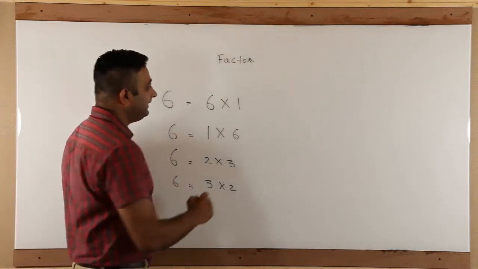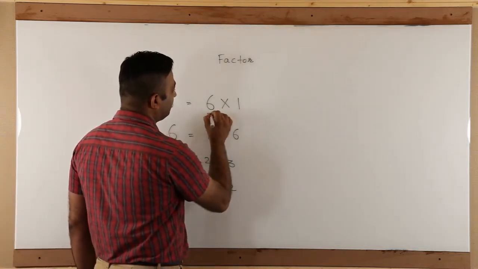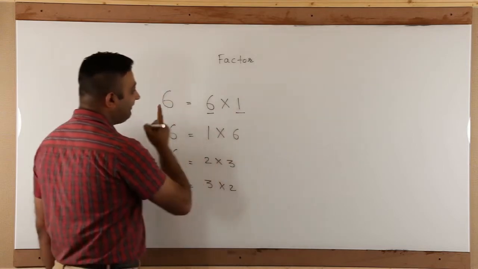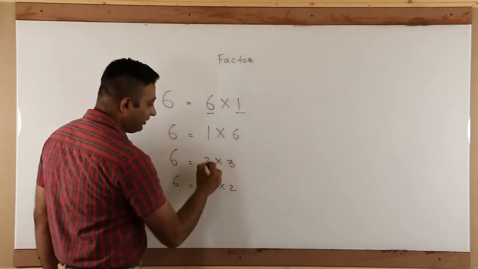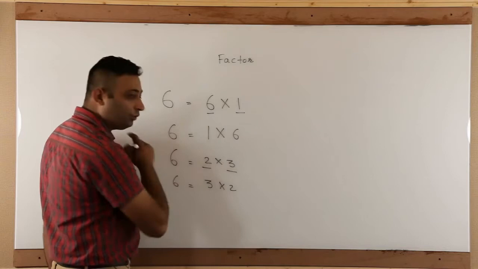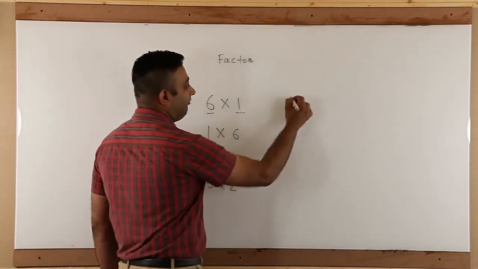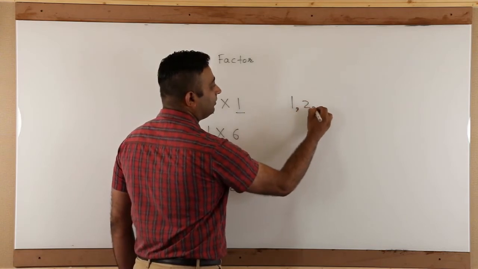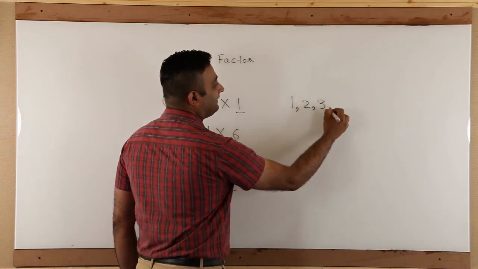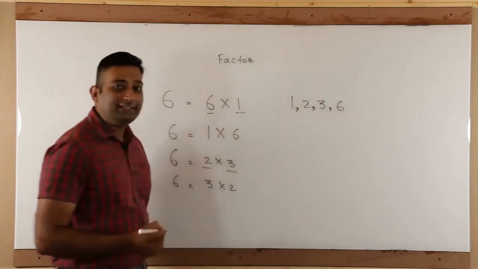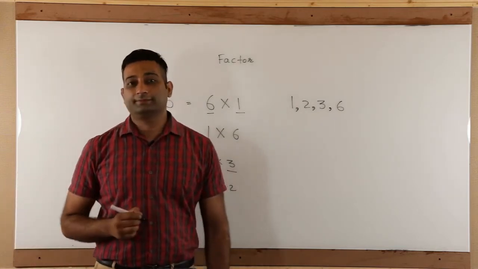From this we can see that 6 and 1 exactly divide 6, and 2 and 3 also exactly divide 6. That means 1, 2, 3 and 6 are the factors of 6.